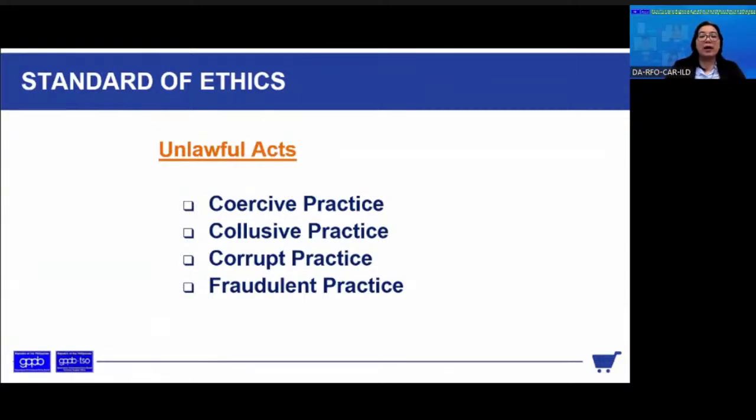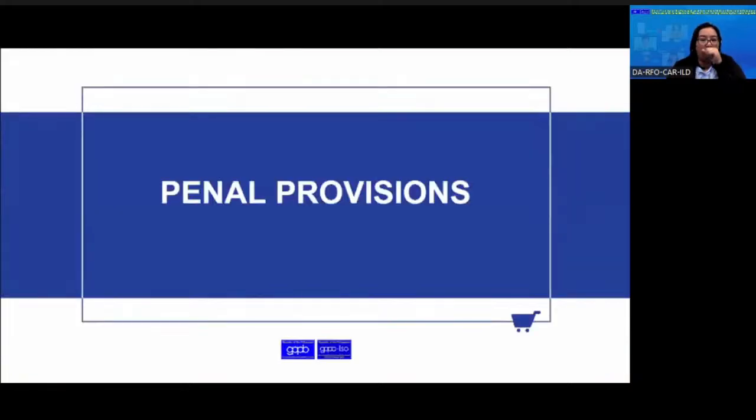So these unlawful acts, of course, have penal provisions, no? So nakakatakot ito because we have seen or we have heard of various officials who have been involved in this type of activities, and they have suffered the consequences of their actions, no?